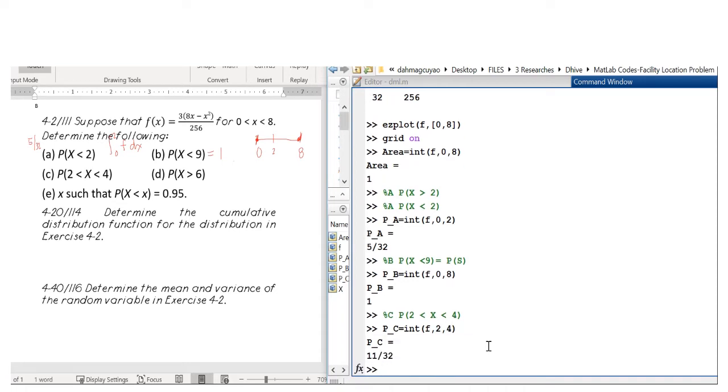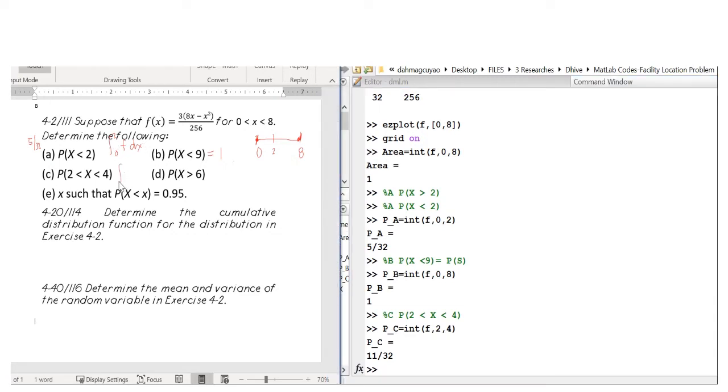So this is the integral of f dx from 2 to 4, and this is 11 over 32.